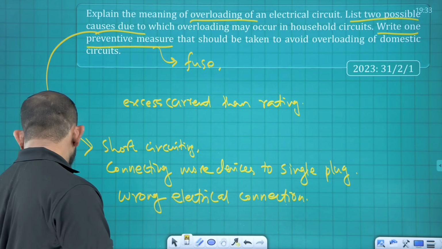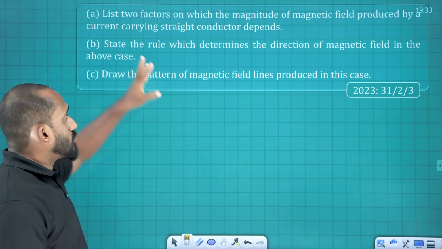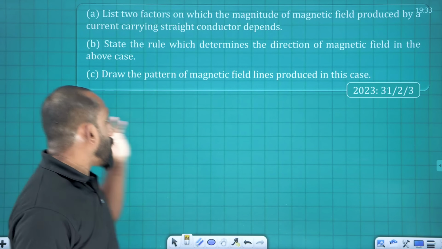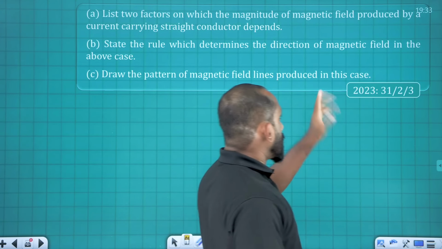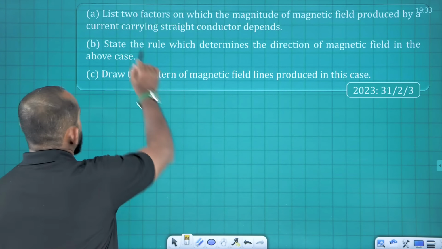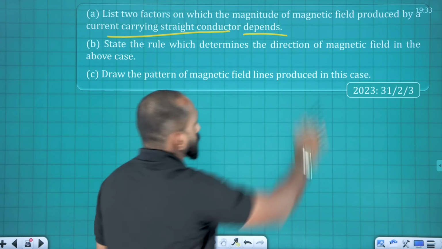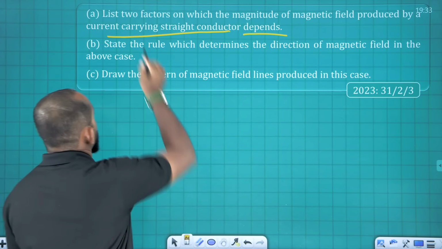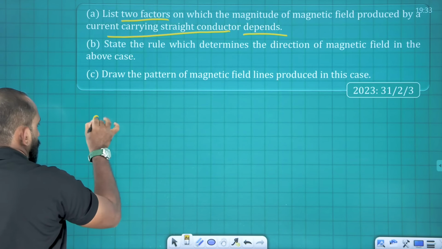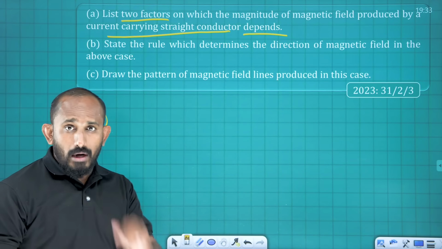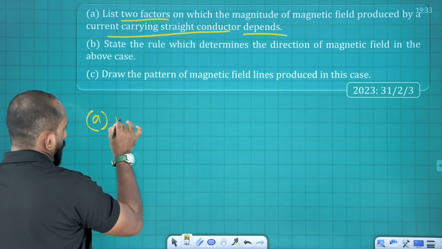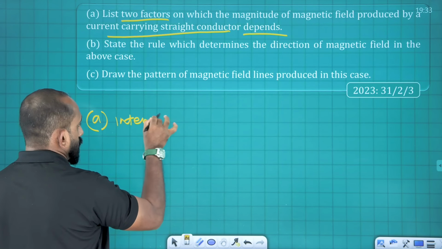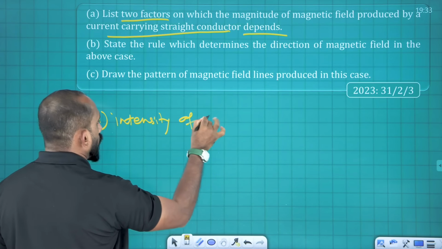Next question is, list 2 factors on which the magnitude of the magnetic field produced by a current carrying straight conductor depends. So, another way of asking the question. You have to give 2 factors. One, intensity of current.